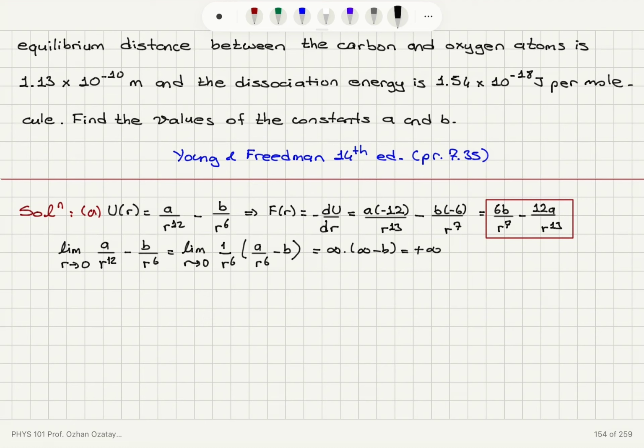So the potential energy goes to infinity as R goes to 0.